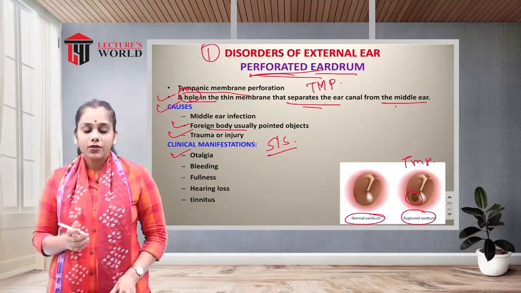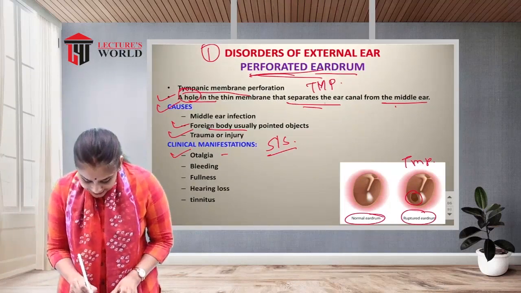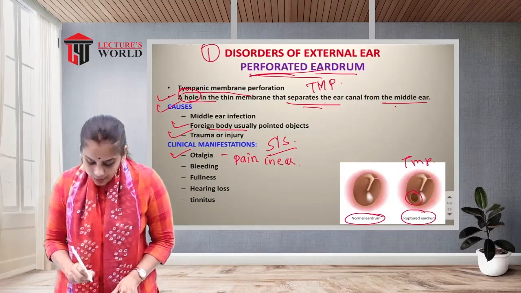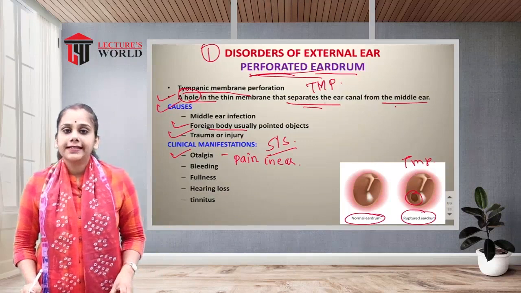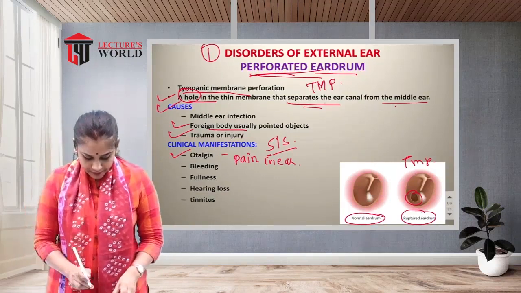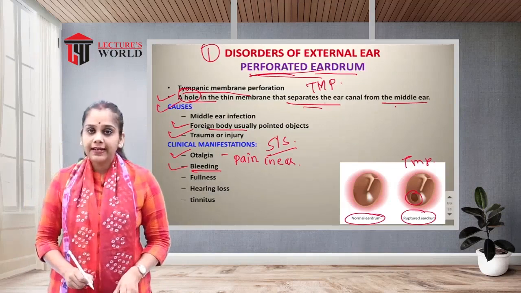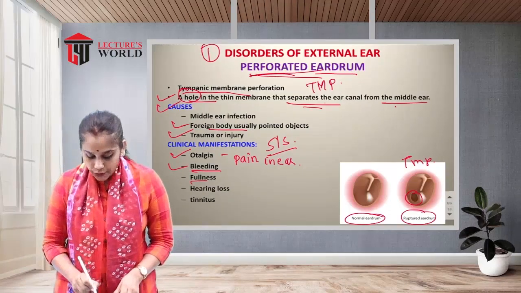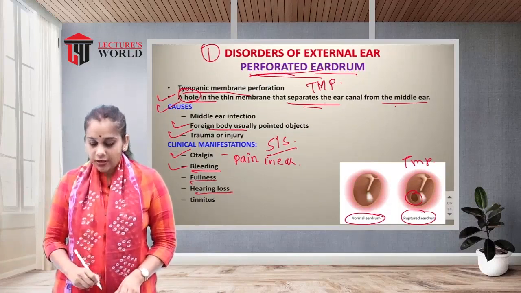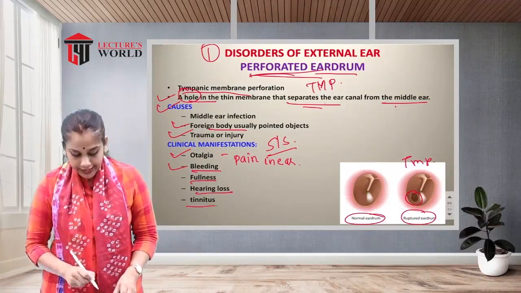Otalgia. What is otalgia? That is pain in the ear. Pain in the ear is termed otalgia. Okay. Second, bleeding. Sometimes bleeding can occur. Fullness in the ear. Hearing loss because of the perforation, and tinnitus.